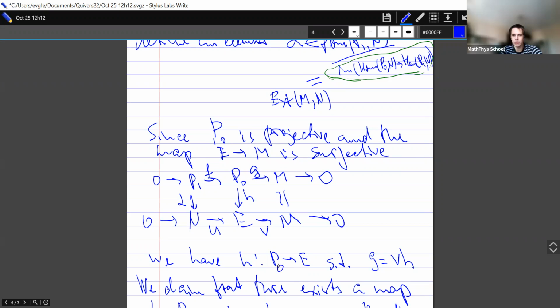Just using projectivity of P0, we have a map from P0 to E, H, and we have a map from N to E, U. But the map from N to E is not surjective. Ah, okay, so it's not that simple.